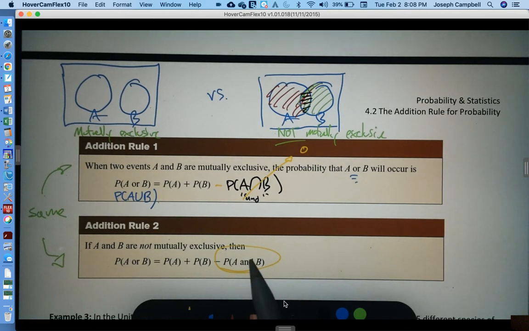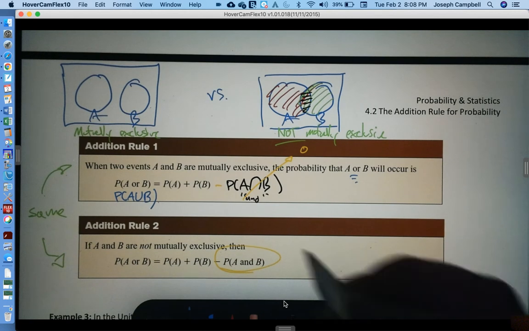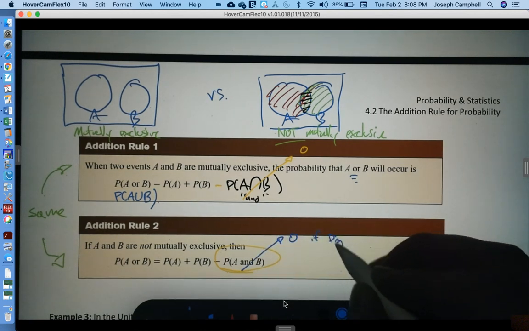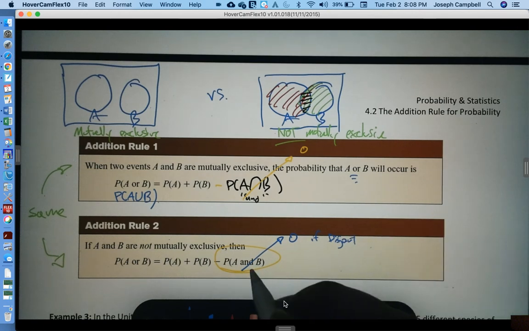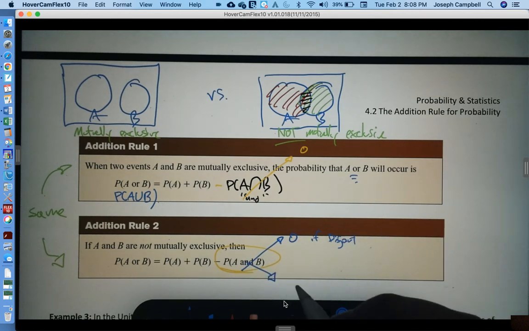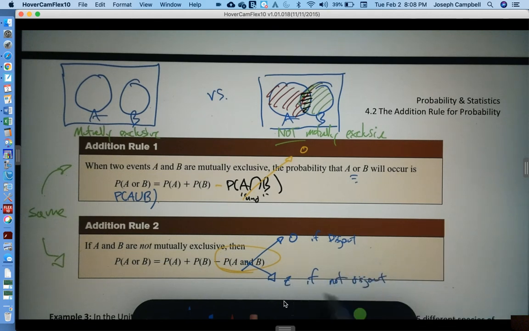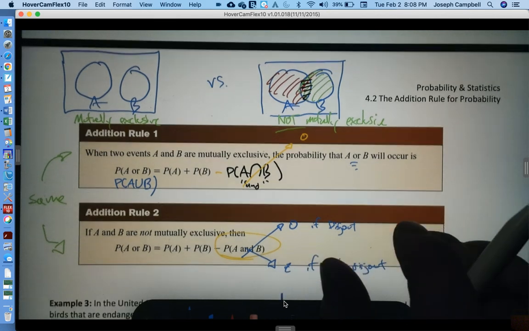If it's mutually exclusive, this goes to 0. So this is 0 if it's disjoint, and it goes to some value, we'll just call it Z, if not disjoint. It's going to depend on the circumstances.